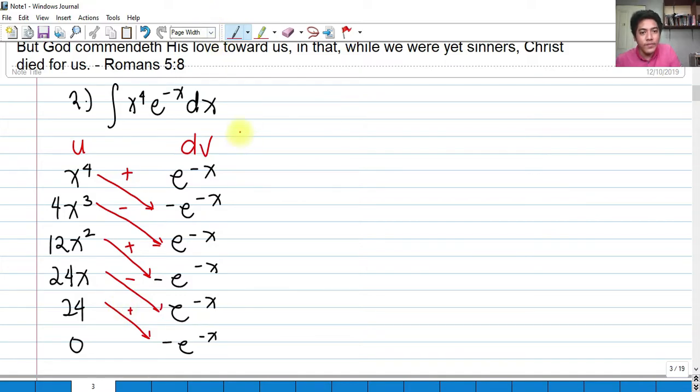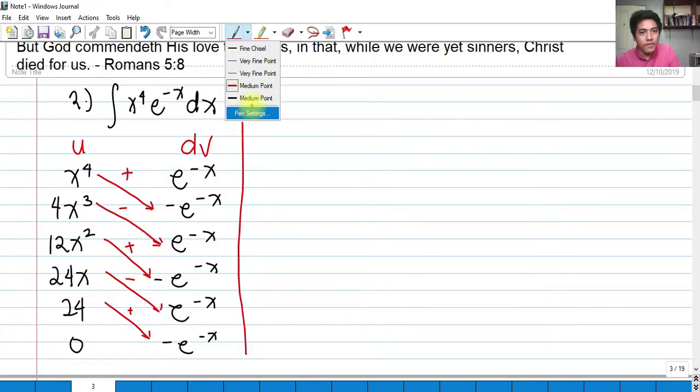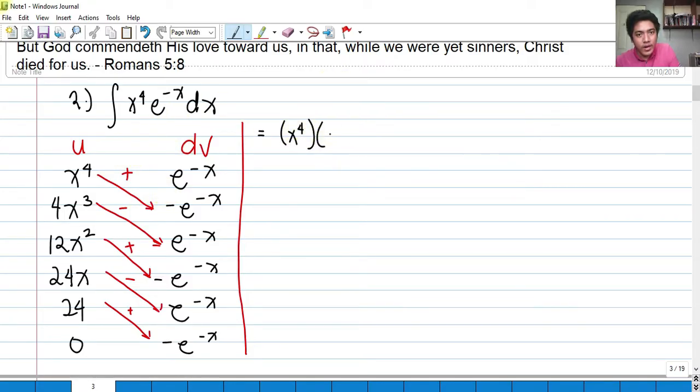So what will happen is if we are going to write our answer, we have to, again, multiply this and apply the sign. So we have x raised to 4 times negative e raised to negative x, that is a plus here, even though I did not write it, that is still a plus, minus, that is that minus, the multiplication of 4x cubed multiplied by e raised to negative x.